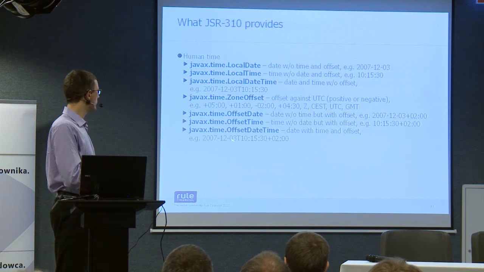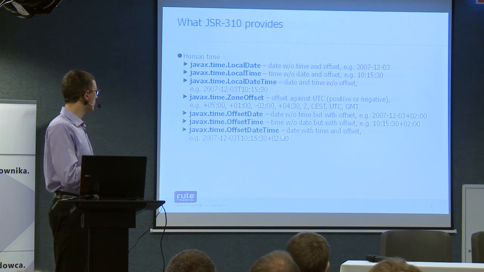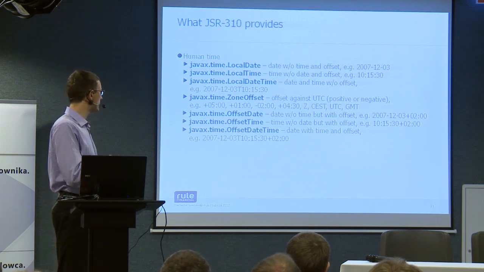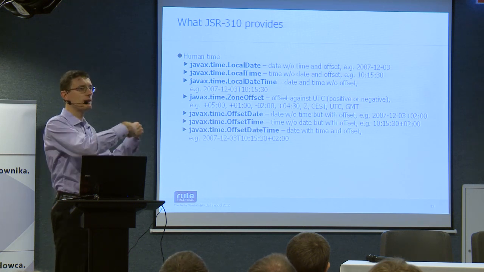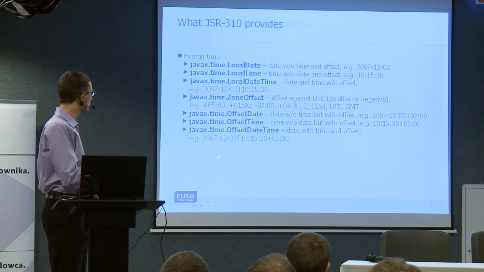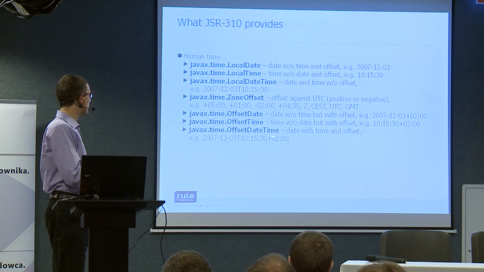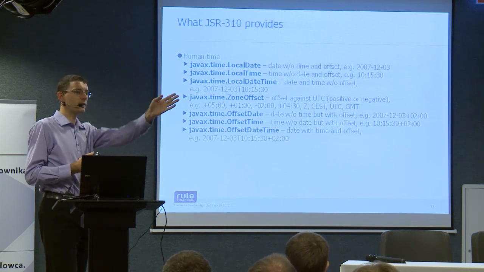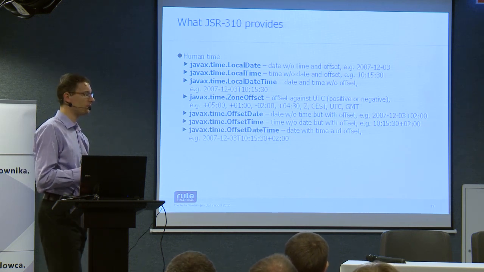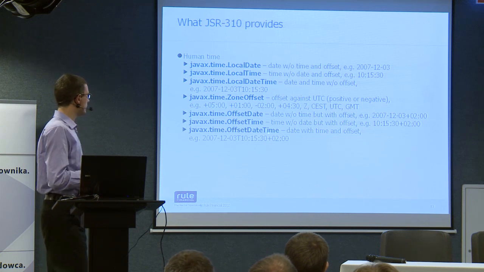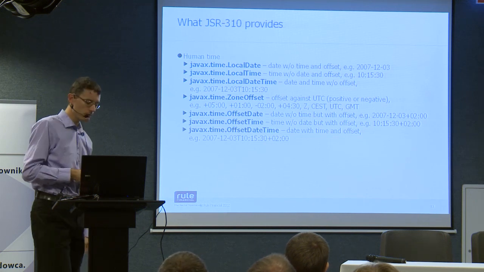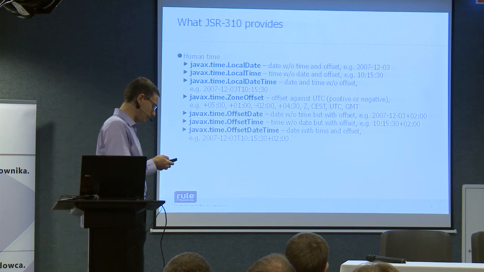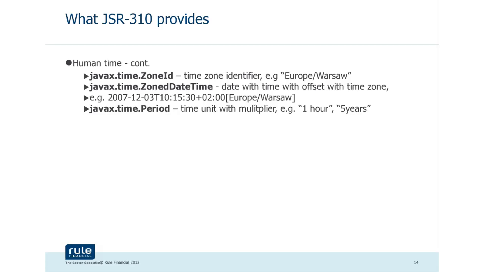So you can easily map this date time onto the machine time, which is the Instant class, because you know what the date is, what the time is, and you know in what offset. So you can precisely map and find the Instant for it. Right. So if you think it's all, you are wrong, because there is more.